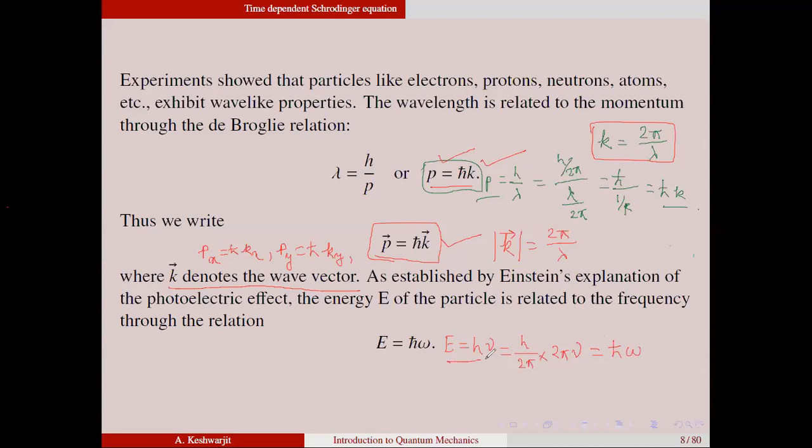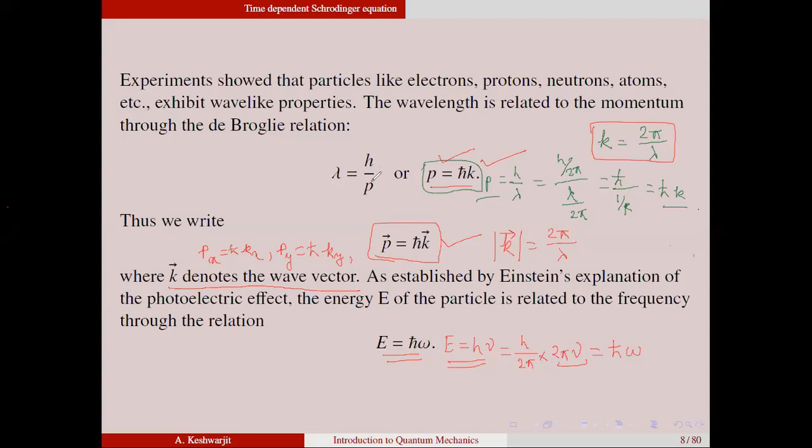So E equal to h nu, E equal to h bar omega. There is no difference between them. Omega is the angular frequency, nu is the simple frequency. From E equal to h nu, we have obtained E equal to h bar omega by simply dividing and multiplying by twice pi.